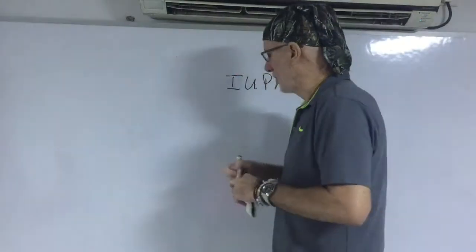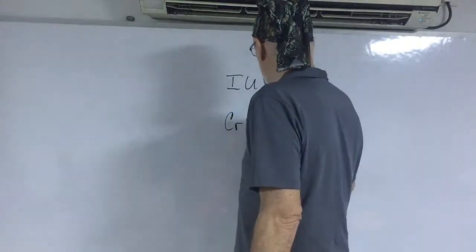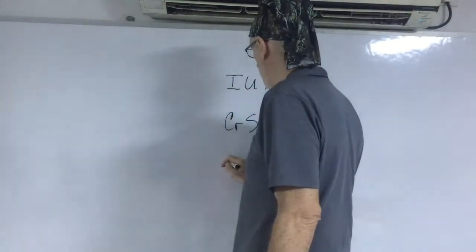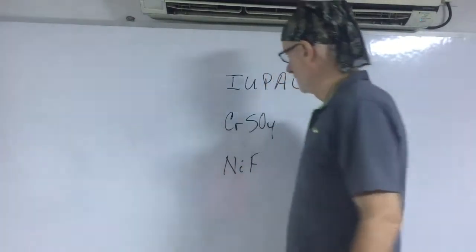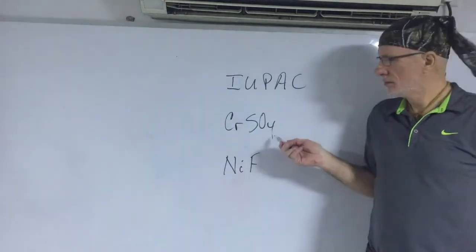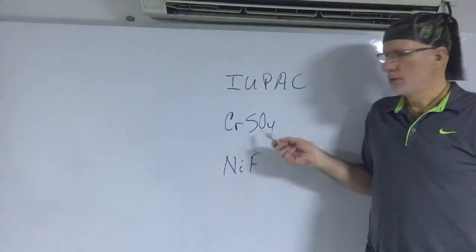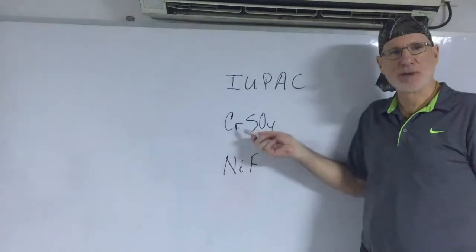Understood? Okay. So let's say I have 2 things. I'll give you 2 examples. I'll give you 2 easy ones. Okay. What's this? This is chromium. Remember, I put it on your periodic table. Thank you for knowing that.